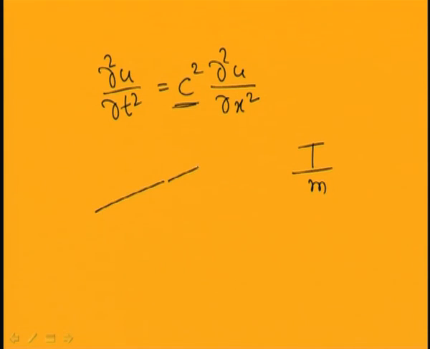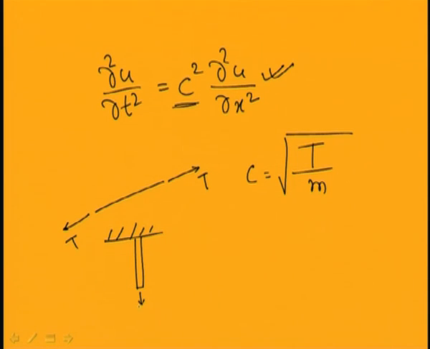In case of a string subjected to constant tension on both sides, we have derived that the equation of motion is in this form, and we have seen that c square equal to T by m, or c equal to root over T by m. And in case of longitudinal vibration of a beam or rod, we have seen c equal to root over E by rho.